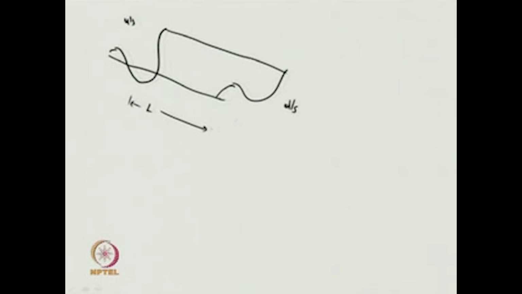Say the channel reach is like this, with the upstream portion and downstream portion, and the length of the reach is L. The methodology involves, first, identifying which is the upstream portion and which is the downstream portion, which you need to understand first by seeing the direction of flow.